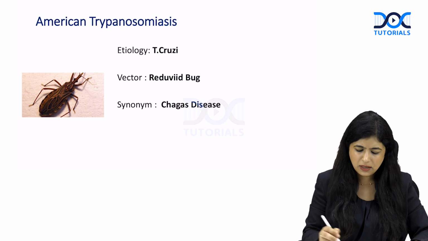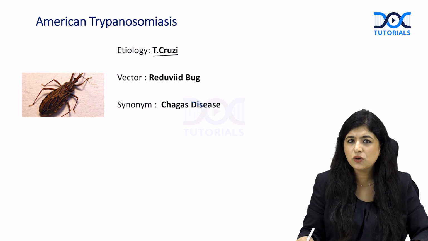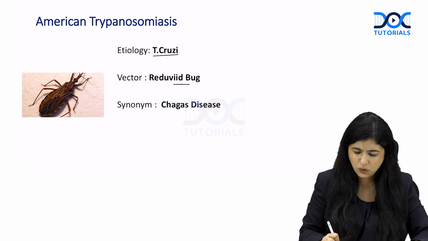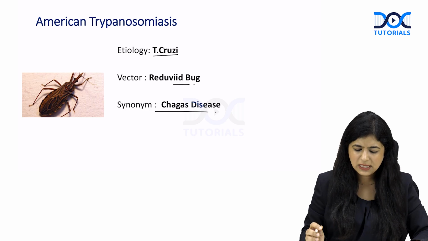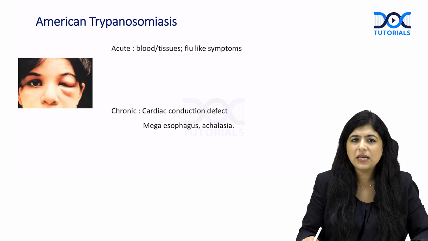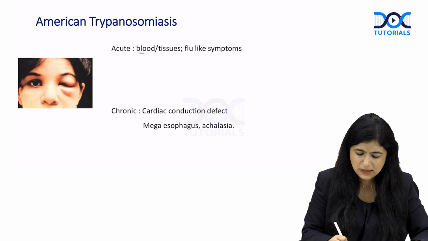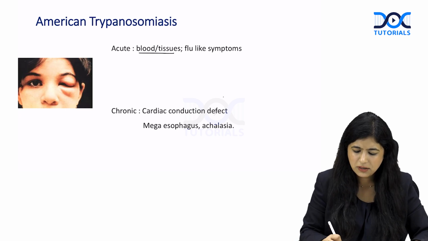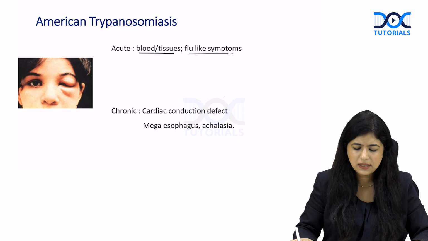Now coming to the American form, which is caused by Trypanosoma cruzi, the vector for which is the reduviid bug. It causes a disease which is also known as Chagas disease. Now in the American trypanosomiasis, in the early stages, it is the blood and the tissues that are involved. Patient presents with flu-like symptoms.